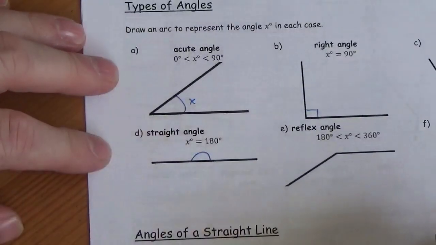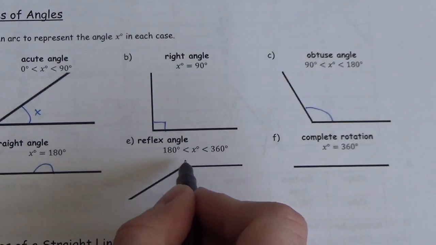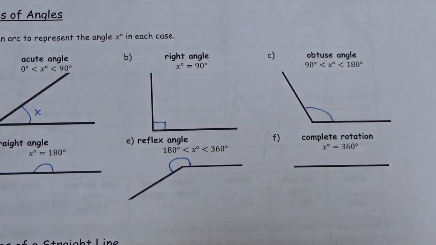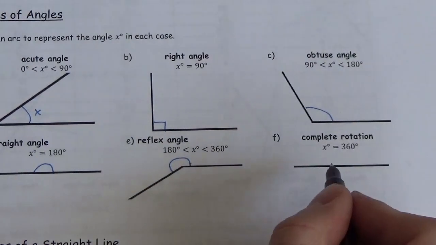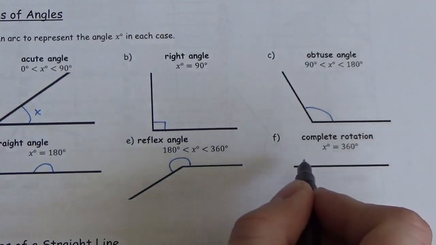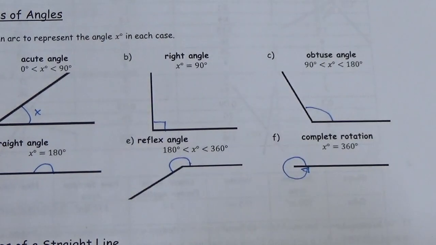We call that a straight angle. A reflex angle is any angle that's greater than 180 but less than 360. And then over here, a complete rotation, an angle that rotates all the way around like that. That's a complete rotation, 360 degrees.